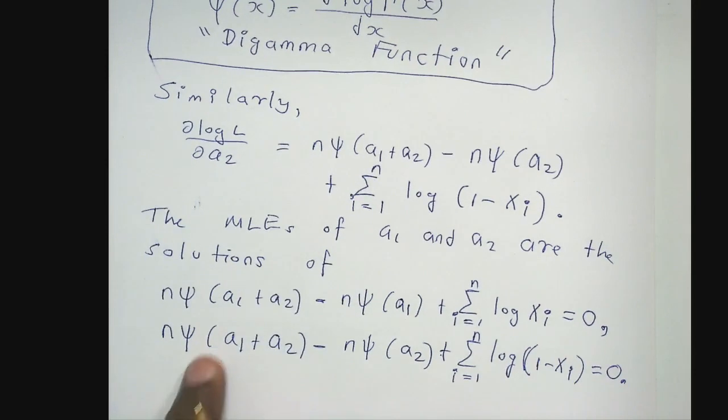So these are the solutions of these two equations. So this is the equation obtained by setting the partial derivative with respect to A1 to 0, and this is the equation obtained by setting the partial derivative with respect to A2 to 0. So the solutions of these two equations give the MLEs of A1 and A2.